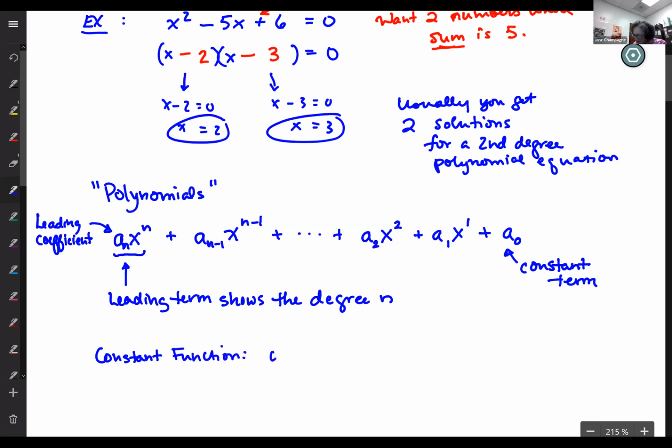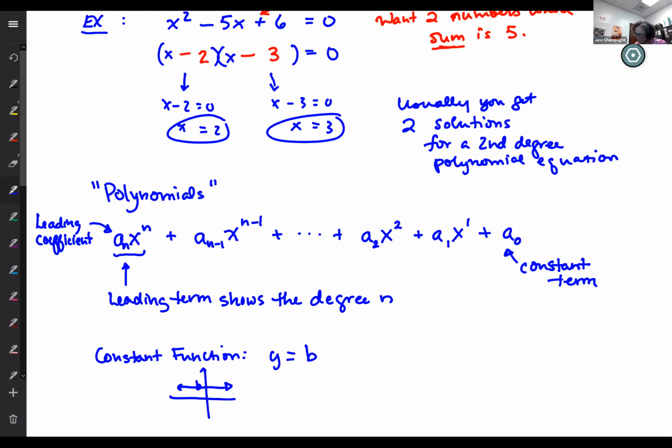Constant function y equals a. Actually, I like to use b. Remember, it's a horizontal line that hits the y-axis at b. That's its y-intercept. That's why I wanted to use b. So that's 0th degree.